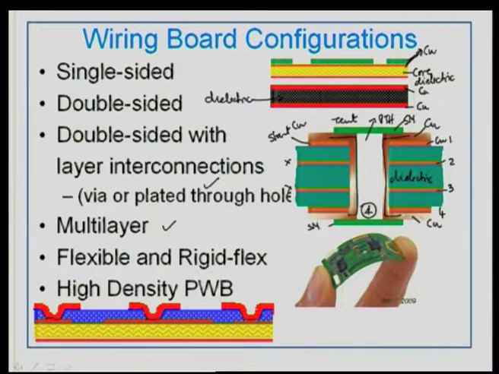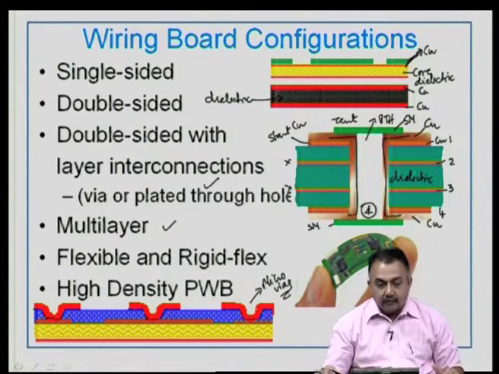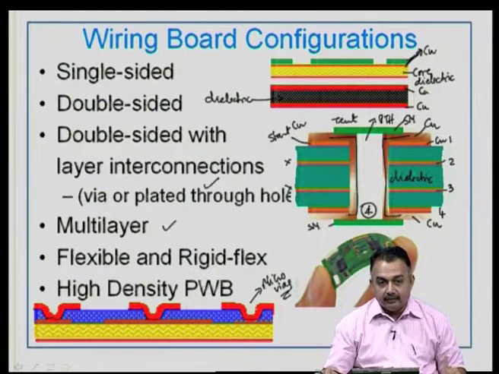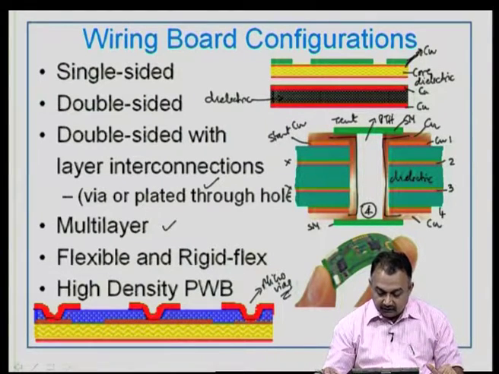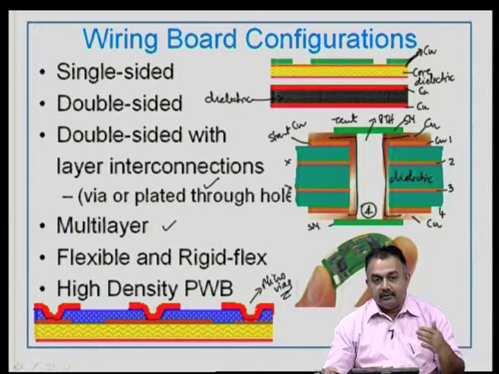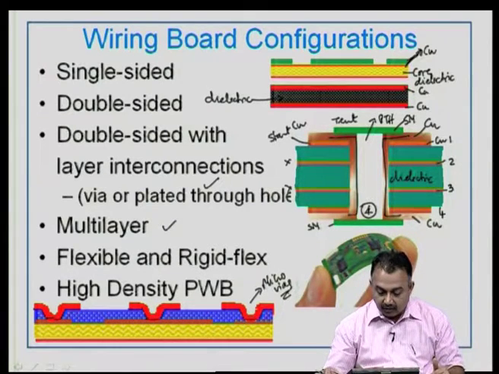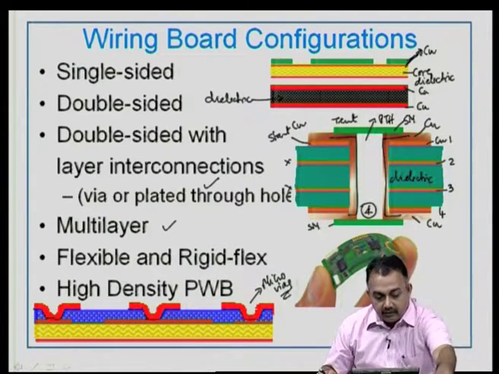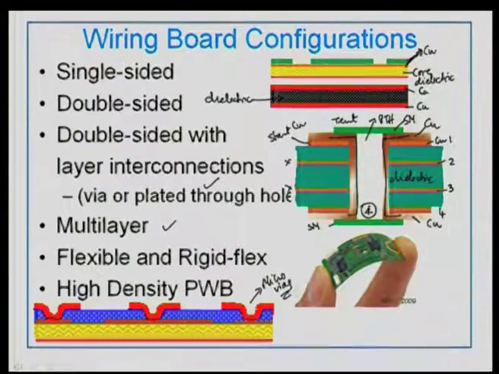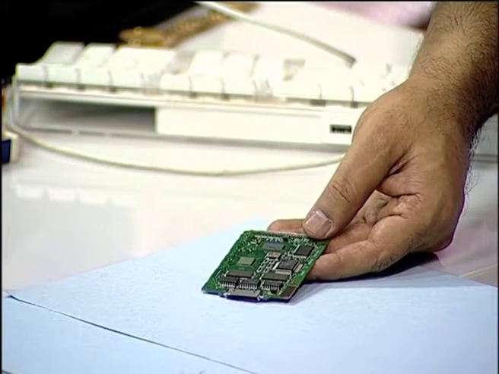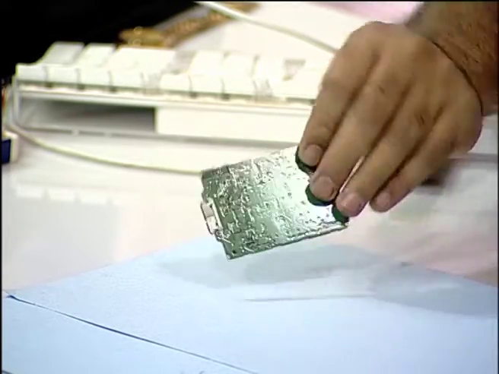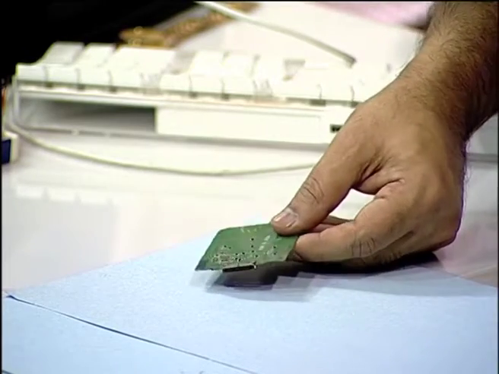Then we have high density printed wiring boards, where you can see micro vias are generated on the top of a structure like this, and that can be reproduced 3-4 times, one on the top, and the same thing can be reproduced at the bottom. The particular board which I am going to show you is a LAN adapter card, a PCMCIA standard card.